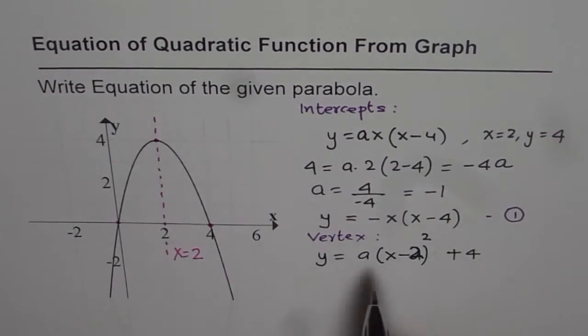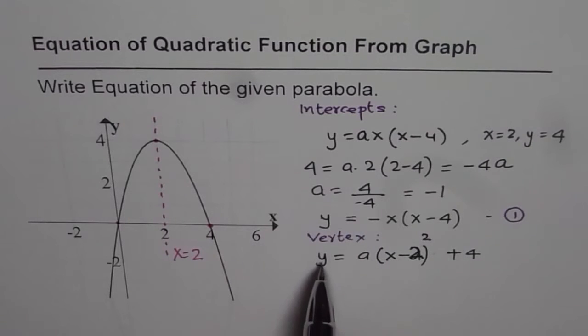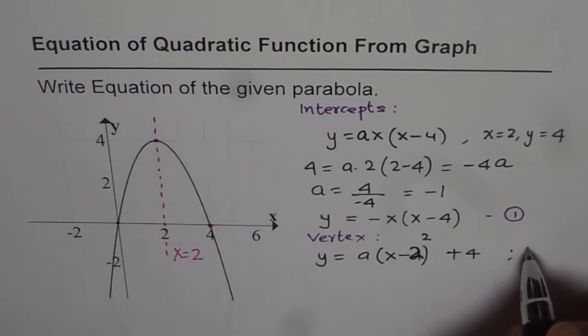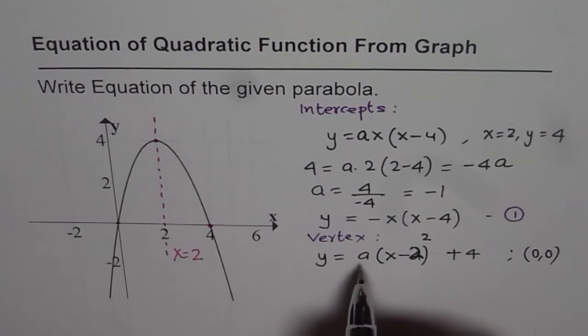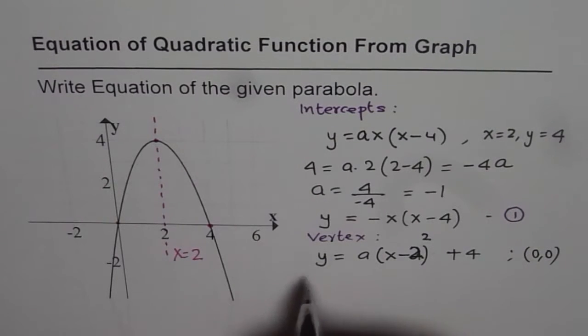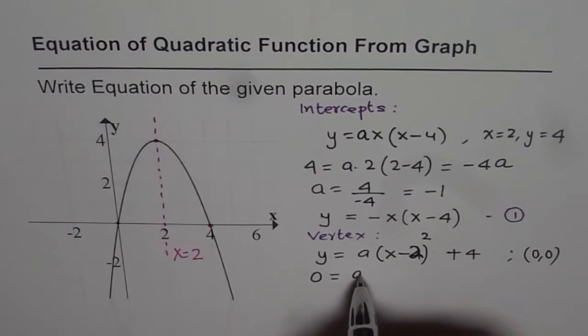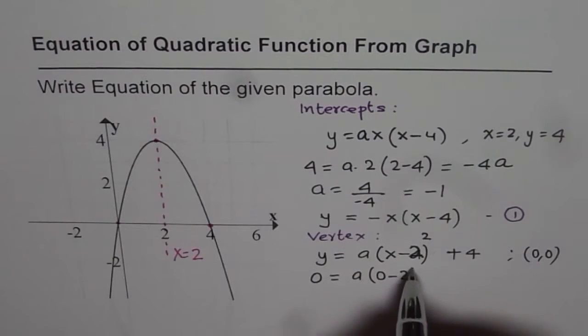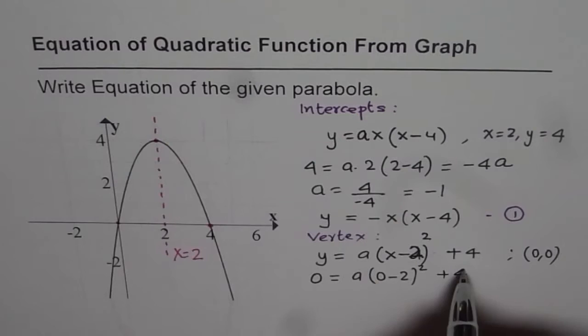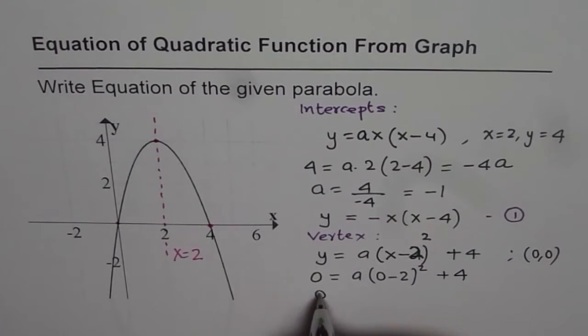Correct. Now to find the value of a, we can use origin. It goes through the origin. That means x equals to 0 and y equals to 0. So we'll use that point. So we are using origin 0, 0 to find the value of a. So we get 0 equals to a times 0 minus 2 whole square plus 4. Now that gives us 0 equals to minus 2 square is 4. So we get 4a plus 4.